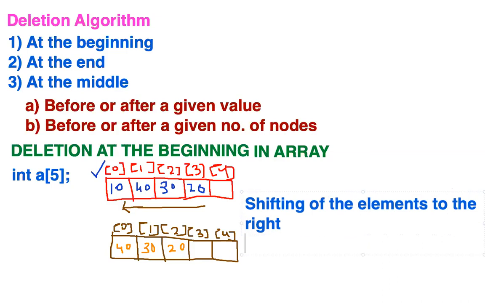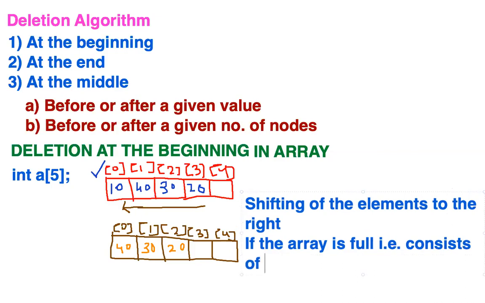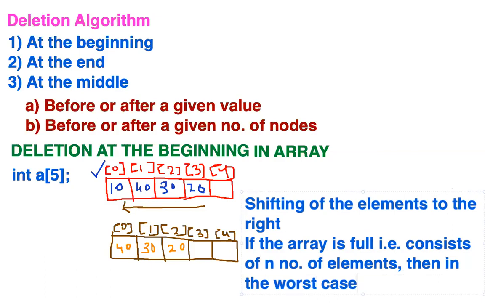So if the array is full, that is, consists of n elements, then in the worst case, n-1 shifts are required.